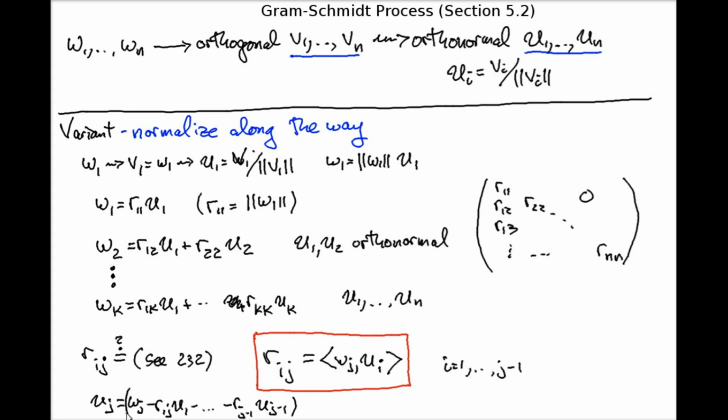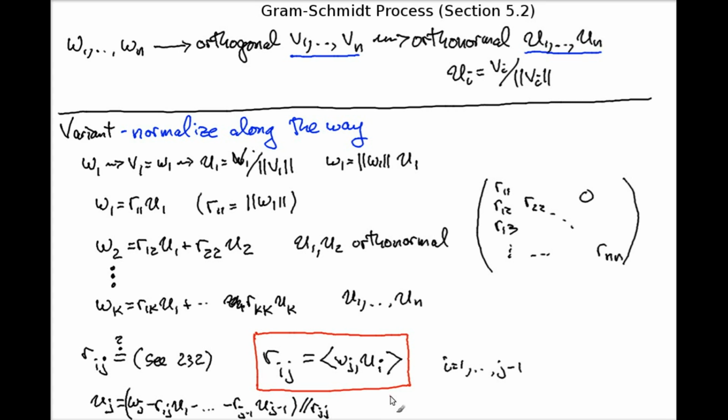Sorry, I'm running out of space, but I want to squeeze this in here. That's a vector which is orthogonal to all of the previous ones, and then you have to divide by its norm, which is this rjj.